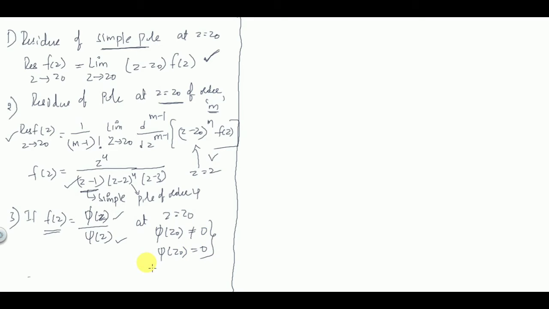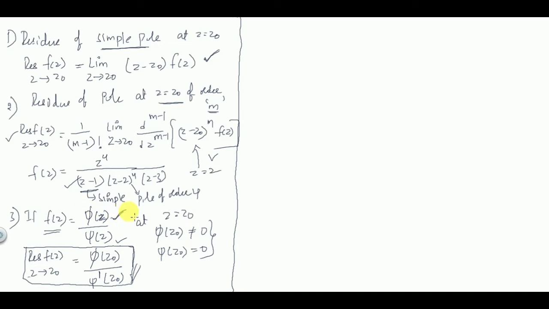If these conditions are satisfied, then the residue of f of z at z is equal to z0 is given by phi of z0 by psi dash of z0. Just remember this formula, very very important.